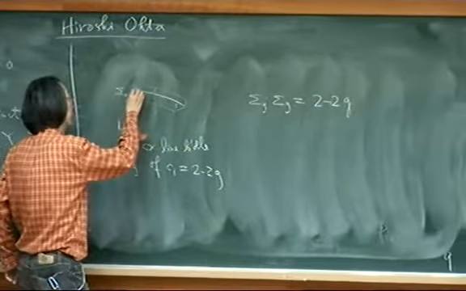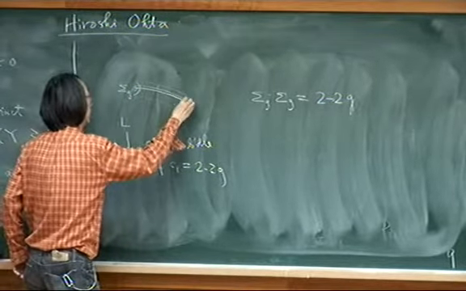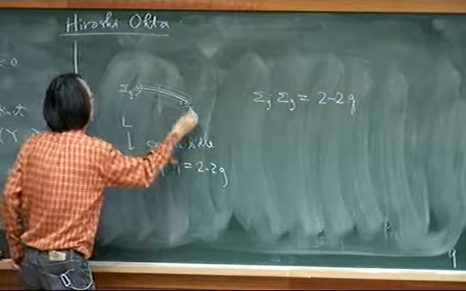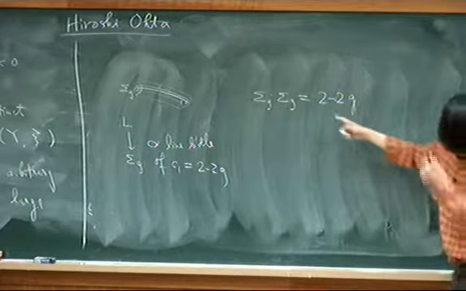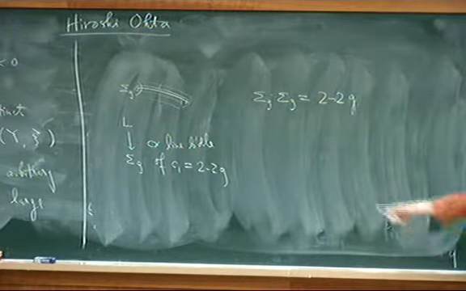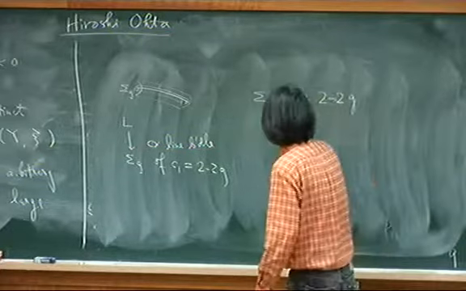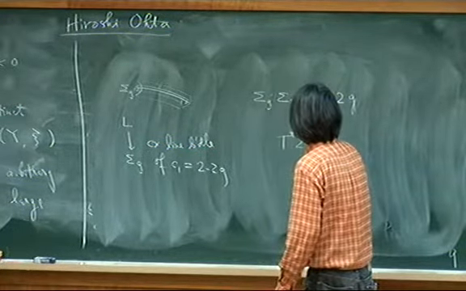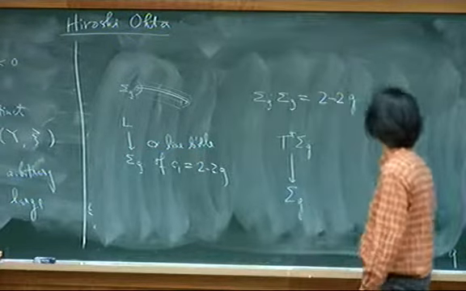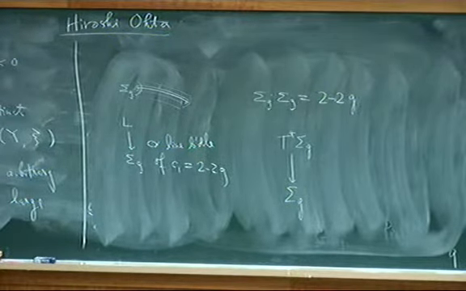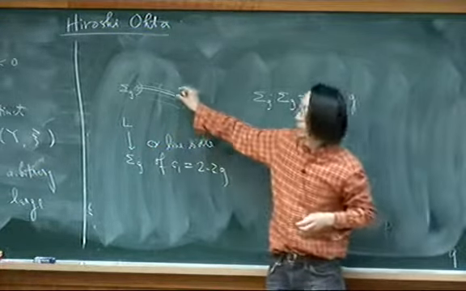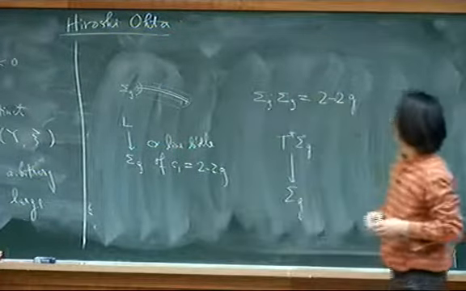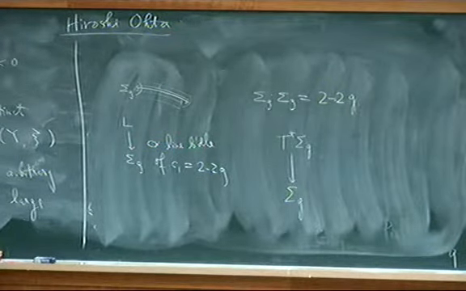Now we consider a little bit smaller things like this. And it is really a special case because 2 minus 2g is the Euler number of this guy. So if you consider the cotangent bundle of this, and take the unit circle bundle, it is diffeomorphic to this thing. But this is not the only thing I can say.